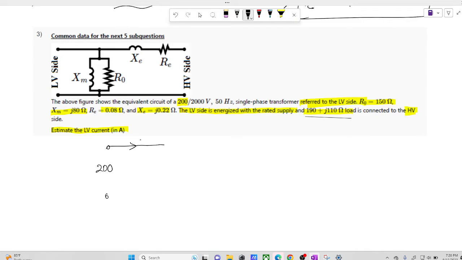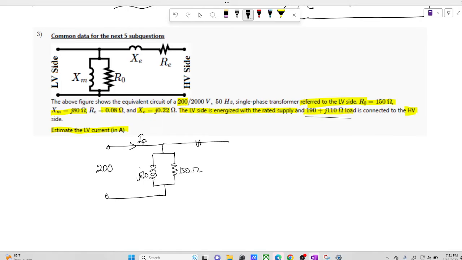They have asked for this current, I mean to say I_p, the primary current drawn. The value of X_m is given as j80 and this is given as 150 ohms.